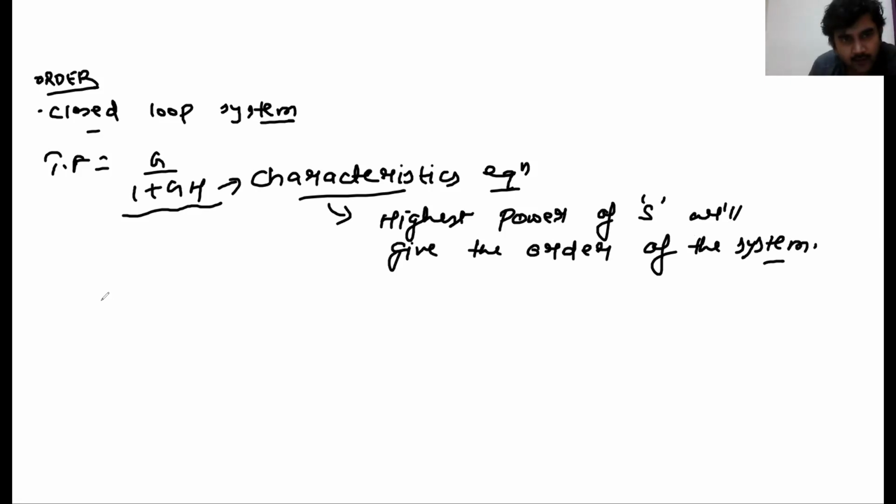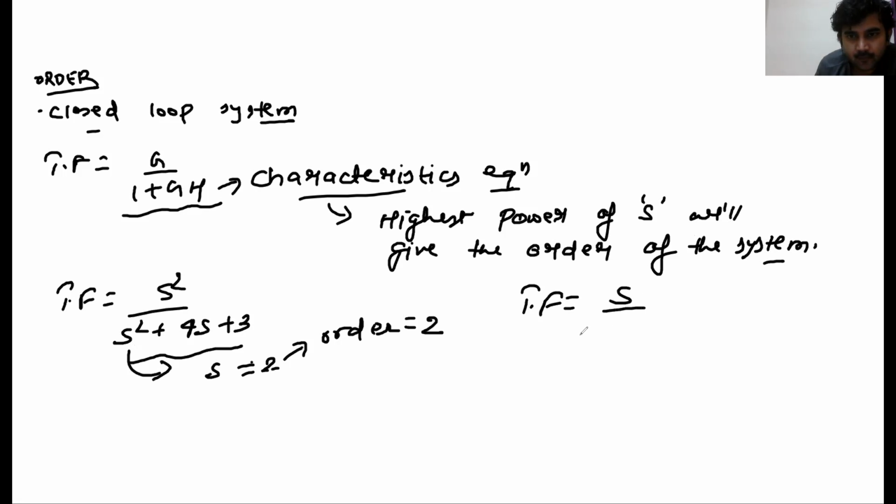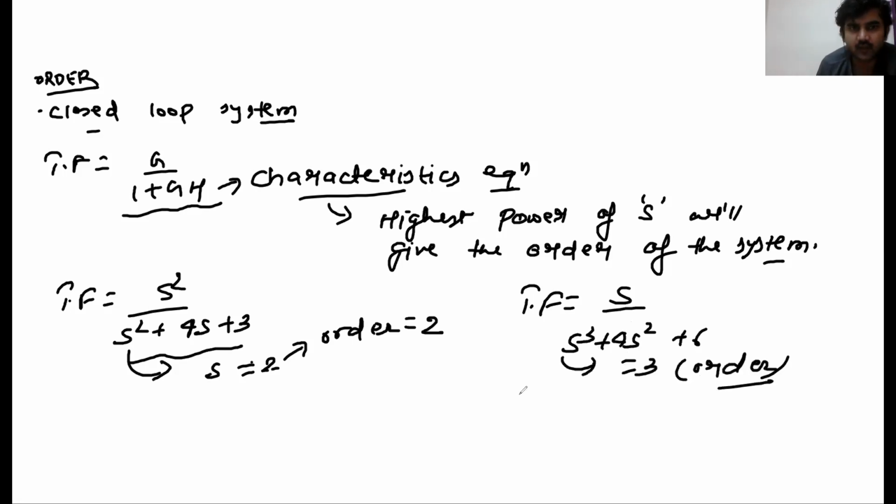Let's see if your transfer function is like this: the highest power of s is 2, so order is 2. Let's take another example. Your highest power is 3, so this is the order of the system. This is the basic definition of order and type of the system.